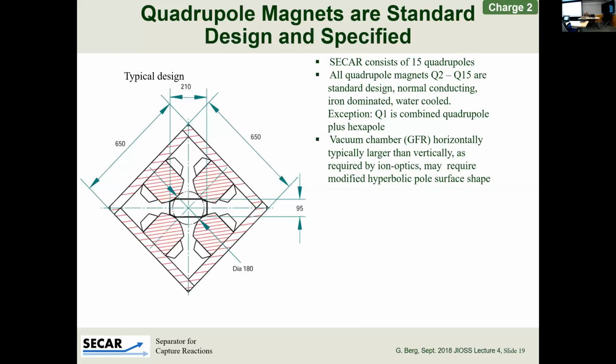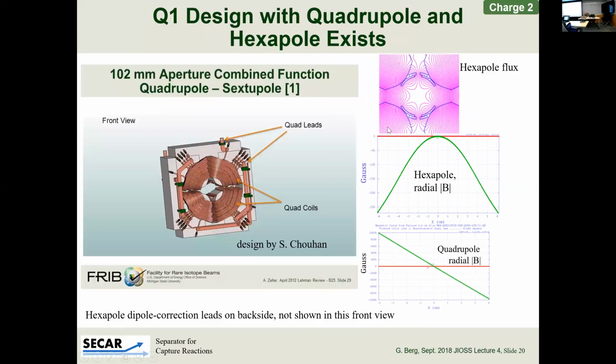So the quadrupoles are also specified. We need a horizontally larger good field region than vertically. That is shown schematically here.